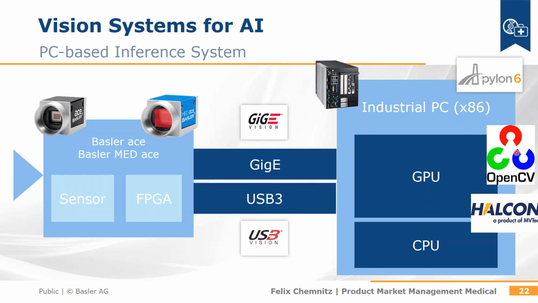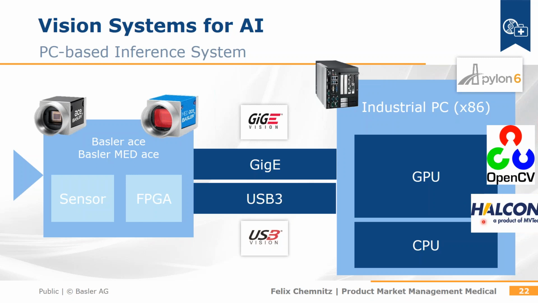And I drew it in here. For example, you can use OpenCV, or if you want a commercial product, one of the opportunities would be to use Halcon from the MVTec company, which already has the ability to do artificial intelligence or neural network tasks, and the software comes with the capability to do this directly.